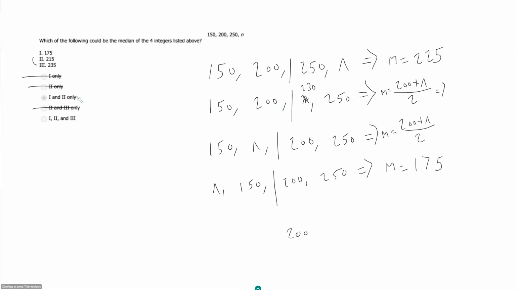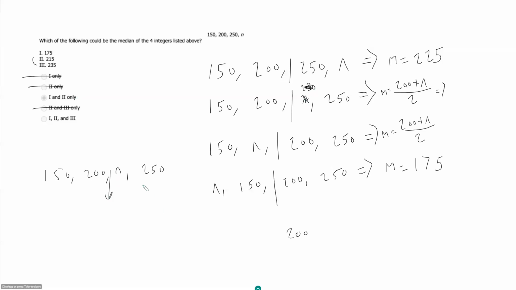What about 235? Is that possible? Let's write this out again: 150, 200, and 250. Is it possible? You would need an average here of 235.